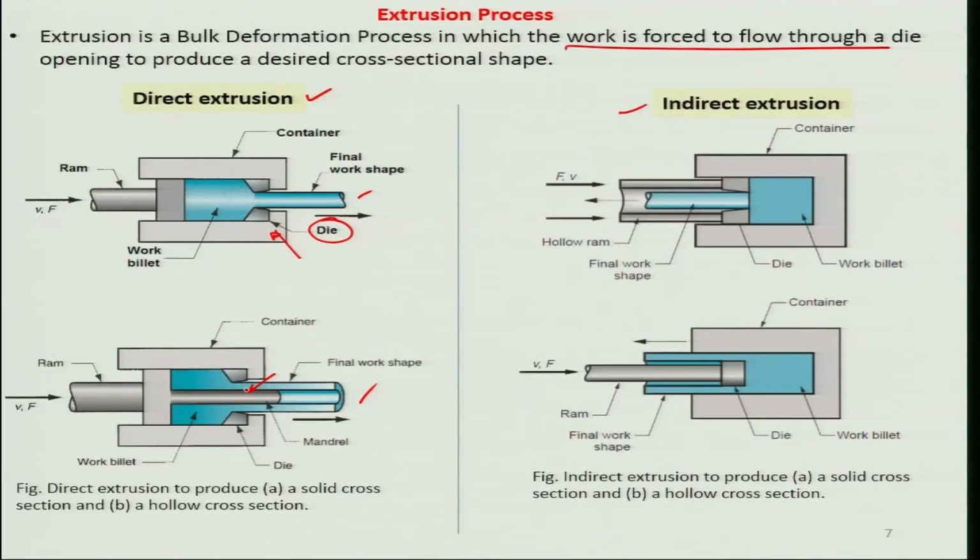Similarly, in an indirect extrusion process, as you can see here, you are basically trying to flow the metal in the reverse direction through the gap formulated by a solid cross section, or if there is a hollow cross section, a similar kind of backflow of the metal can happen because of the ramming action done in a direction from left to right. So this is again in an indirect manner you are doing the same metal forming process like what was happening earlier by just direct hitting of a work billet.